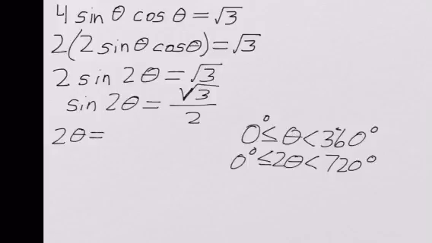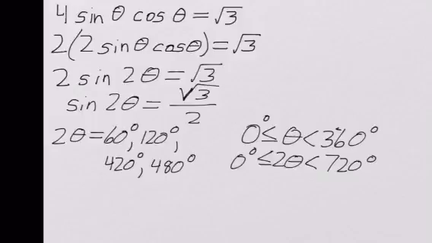So the possibilities for 2 theta are 60 degrees and 120 degrees, but we need to go all the way to 720 degrees. So we're going to take our coterminal angles by adding 360 to each of these. So we have 420 degrees and 480 degrees.